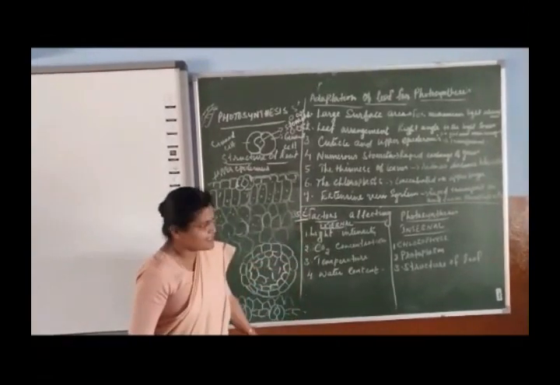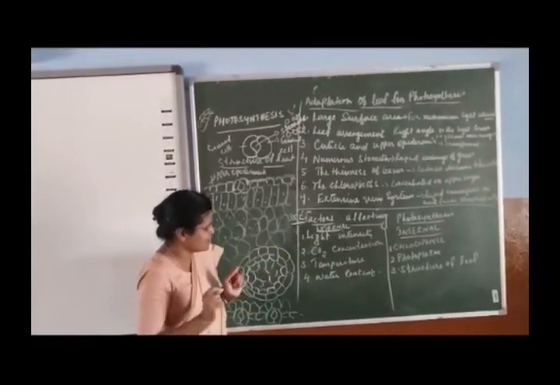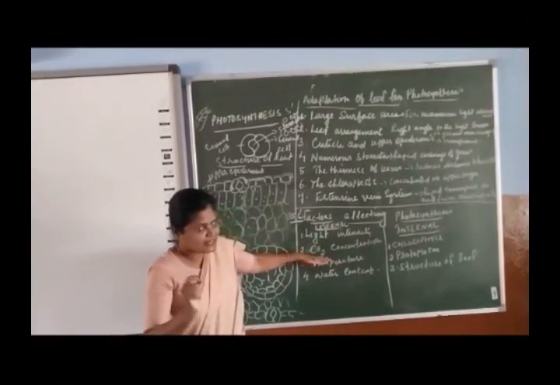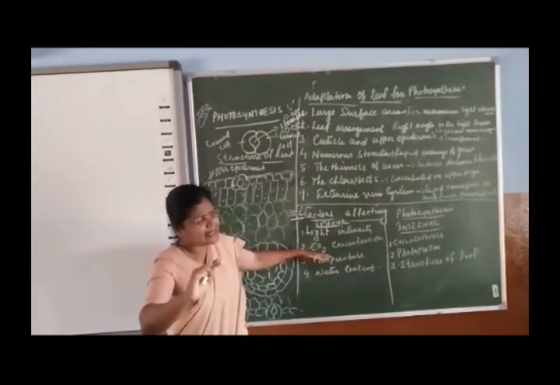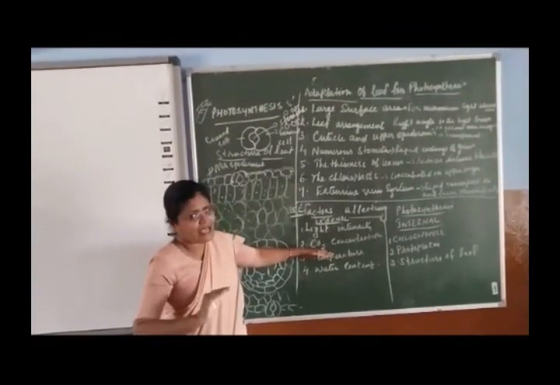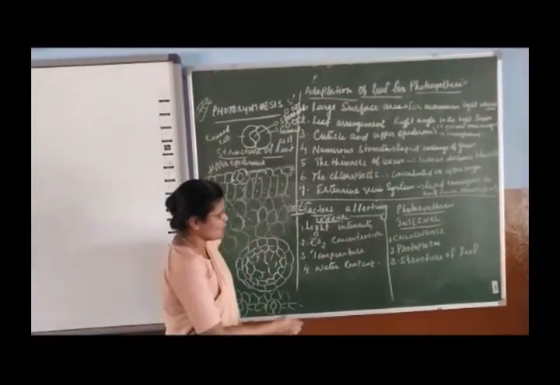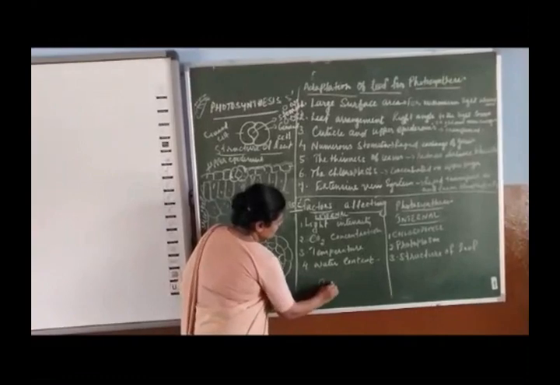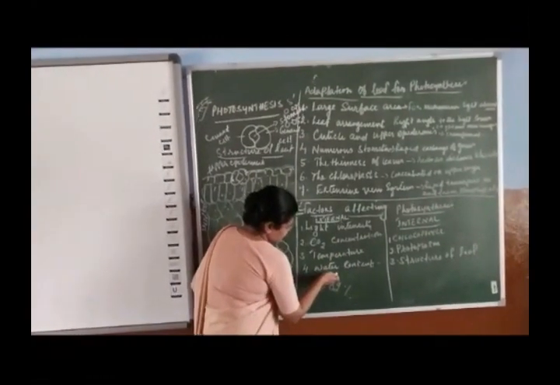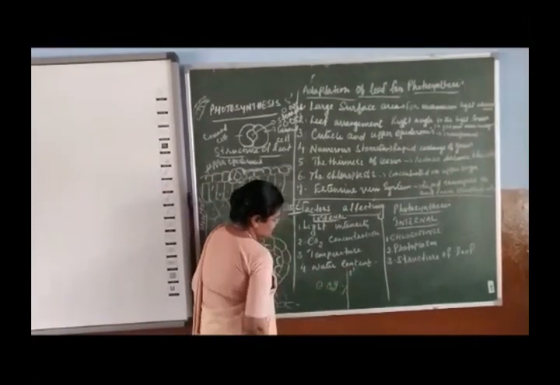I repeat the external factors, especially this. I am sure there is still a little confusion, and I can understand. Remember, the light intensity and carbon dioxide are interconnected. With the increase in the light intensity, the rate of photosynthesis increases. Simultaneously, you have the carbon dioxide available. If the availability of carbon dioxide is 0.02% and the light intensity has increased, at this point there is the first saturation point.